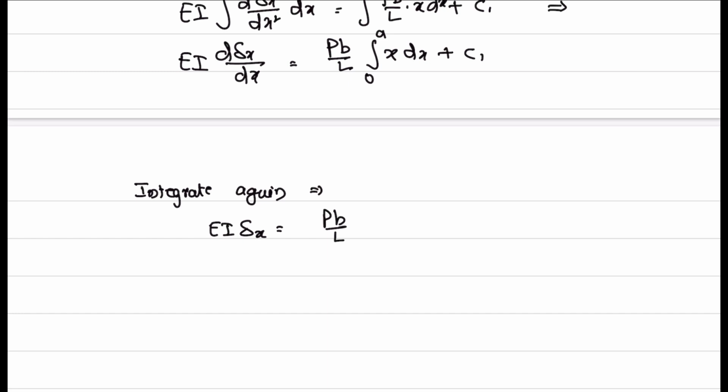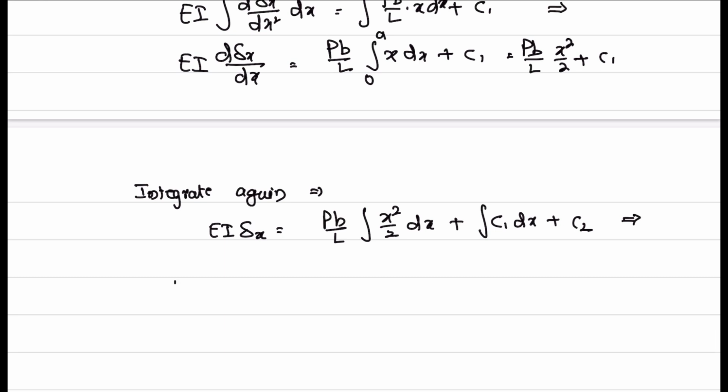What is integral x dx? Integral x dx is nothing but x square by 2 plus c1. Now integral x square by 2 dx plus integral c1 dx plus another integration constant c2.